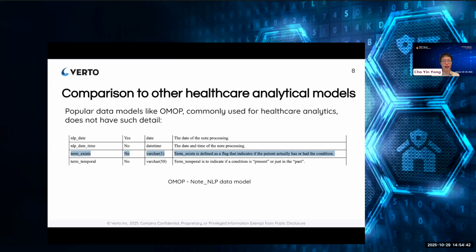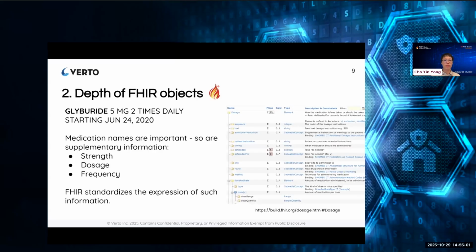And all they provide is whether or not the term exists, so whether or not the patient actually has or had the condition, and term temporal, which is present or past. That's the level of detail that analytical models provide, whereas in FHIR, there are more dimensions to it.